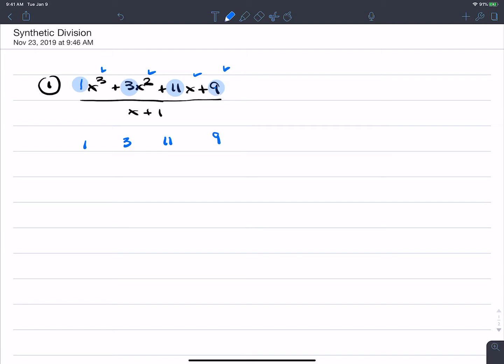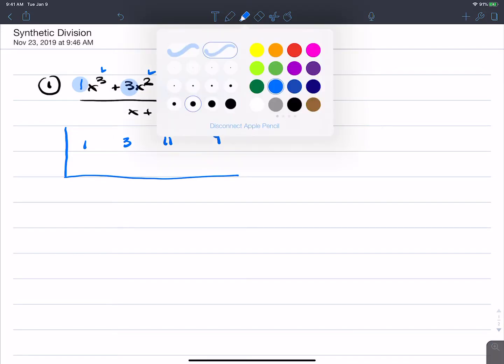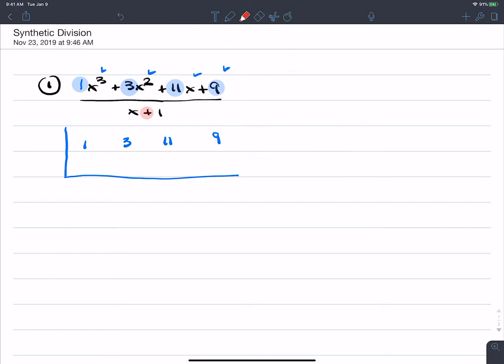And the next part of this is going to be to determine the k value here. So this k value is going to go to the left, and I want to remind people of this. We have plus 1. Now, synthetic division is based on division by x minus k. So we're going to have to divide by this kind of term, x minus k, and you notice here that we have plus 1.